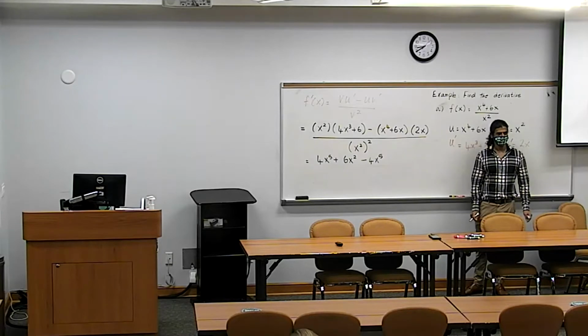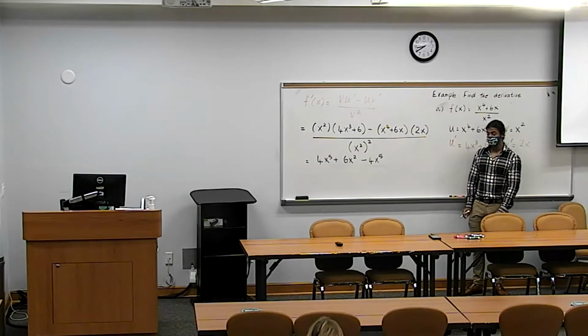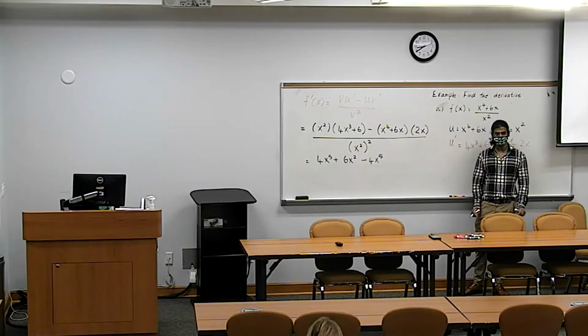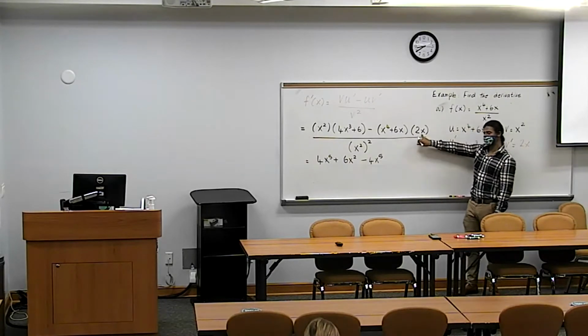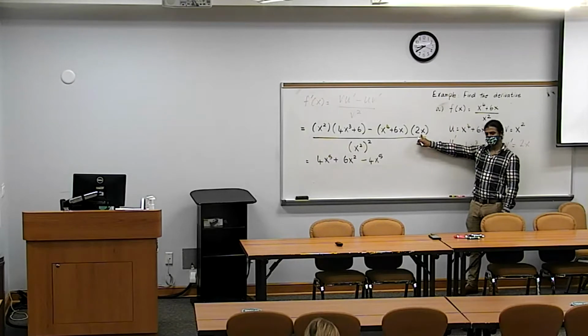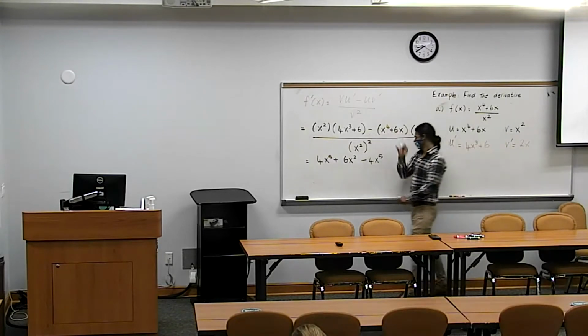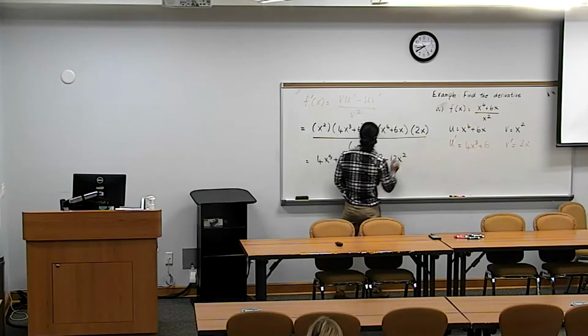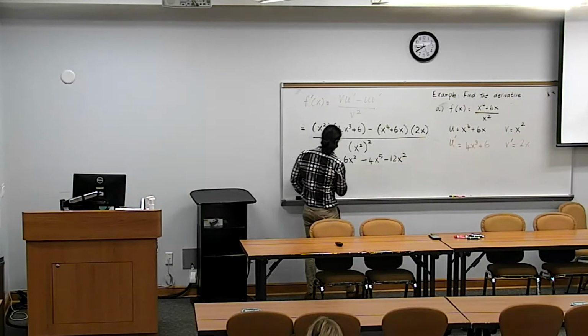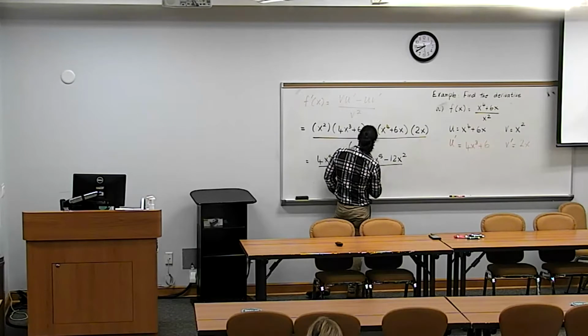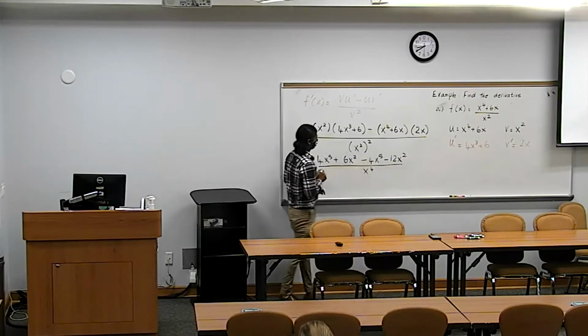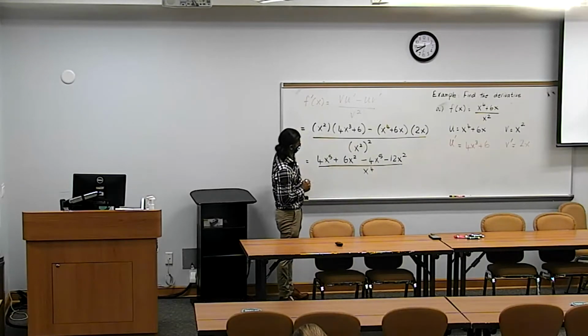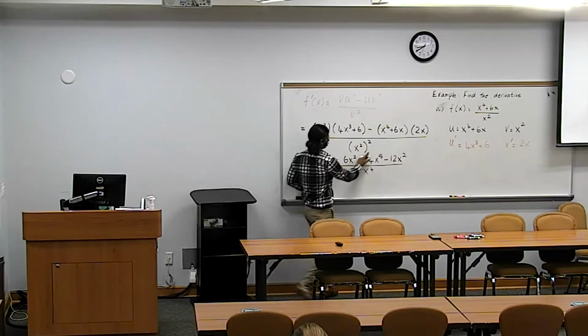That's easy. 12x squared. 6x multiplied by 2x is 12x squared, and a minus in the front.